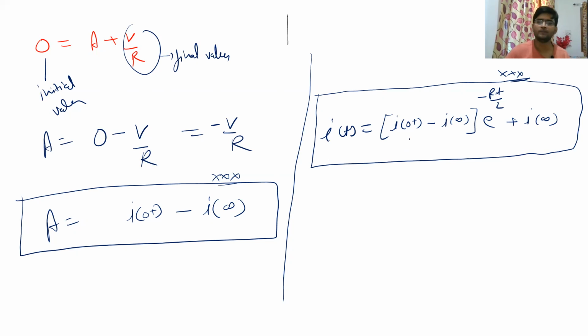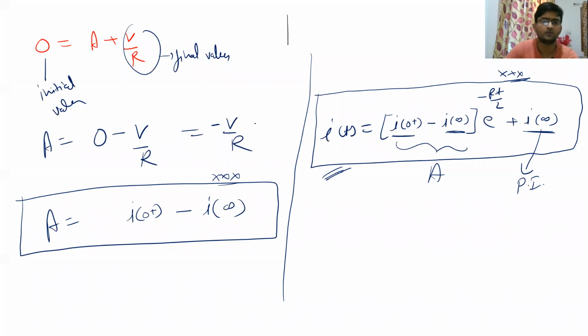So just remember, this is the initial value and this is the final value, and the difference of these two is going to be your constant A, and this is particular integral, and definitely it is going to be your final value, right? So just remember this type of standard formula and you are going to easily solve all kinds of questions in transients.